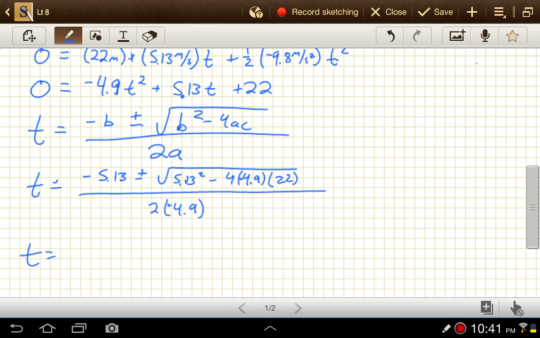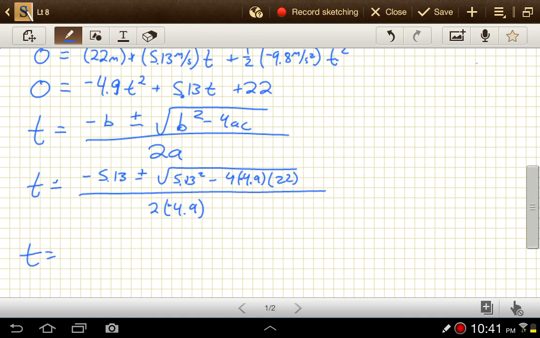That's a goofy thing to do. Let's see. Negative 5.13 plus, let's see, I have some weird factor of 50 in here. My goodness, no wonder I usually avoid this process.